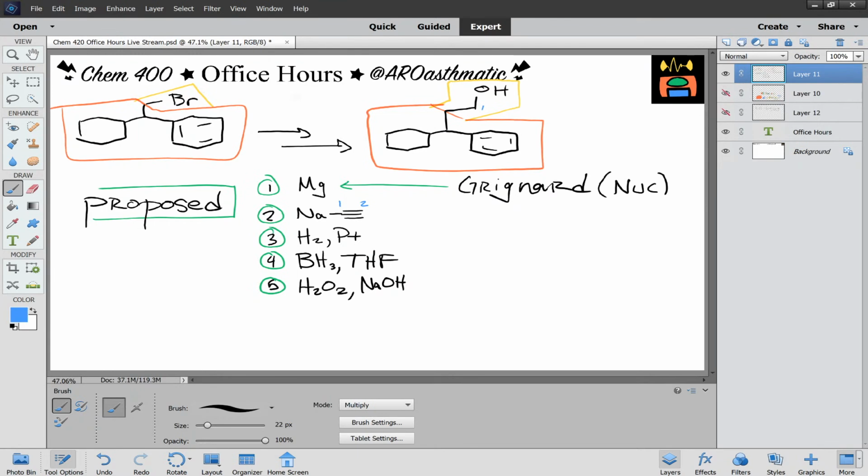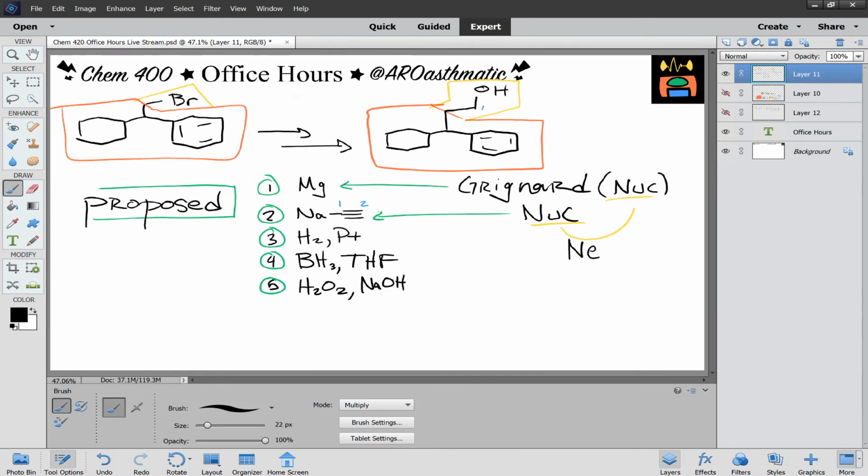The second problem is a Grignard is a nucleophile, and an acetylide ion, a deprotonated terminal alkyne, is also a nucleophile. And nucleophiles don't react with other nucleophiles. They only react with electrophiles.